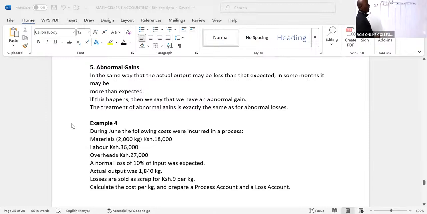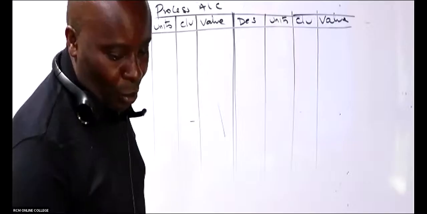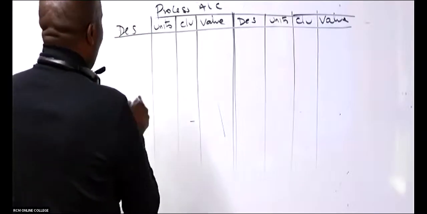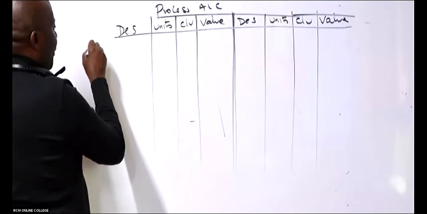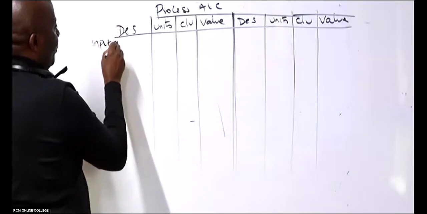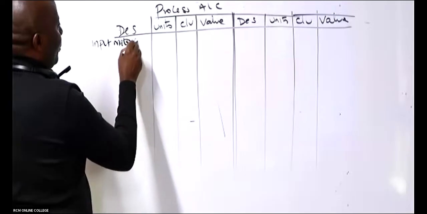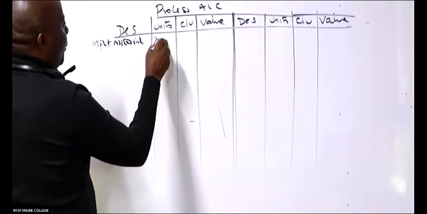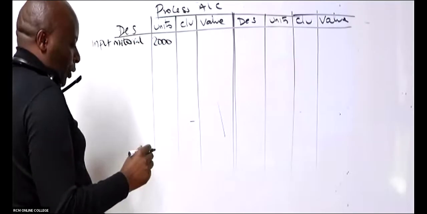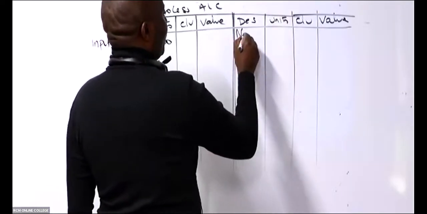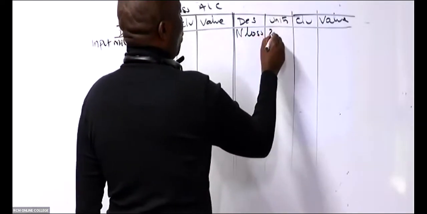All right. Now, ladies and gentlemen, after that, we should be able to post our throughput. Start always with the throughput. For example, you had input material cost, $2,000. We had the normal loss, 200.